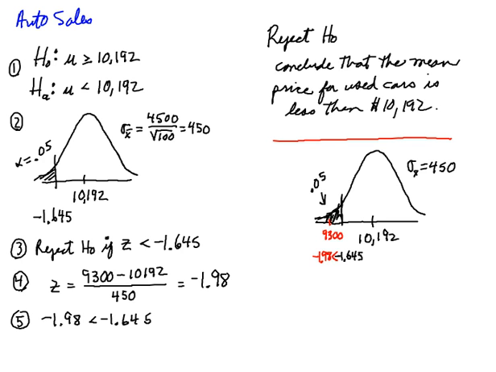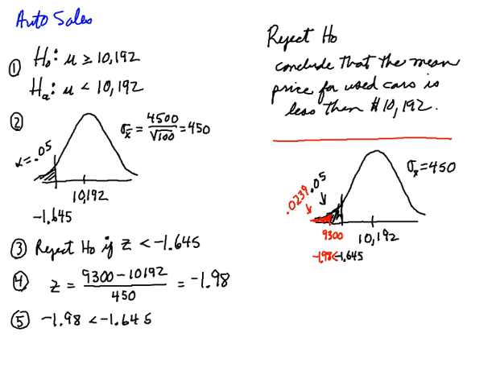Now, to determine then the strength of that evidence, I want to go ahead and calculate the p-value. So the probability of getting anything less likely than the 9,300 is going to be calculated by finding the area under the density function below the 9,300, or from the table to the left of the negative 1.98, and that is 0.0239.